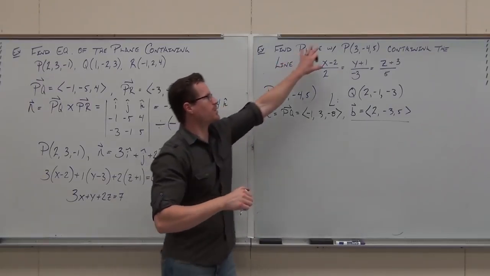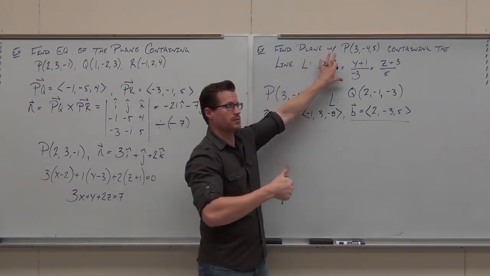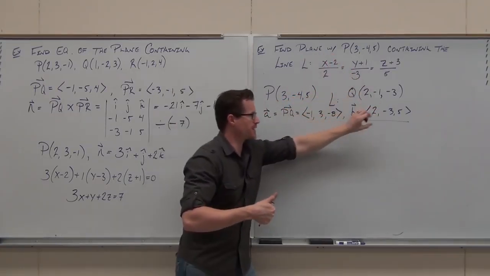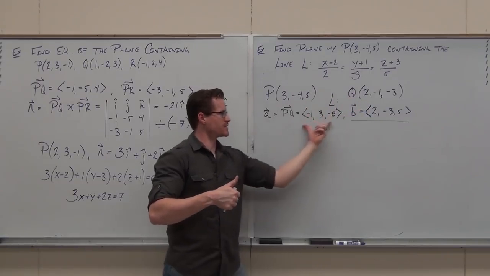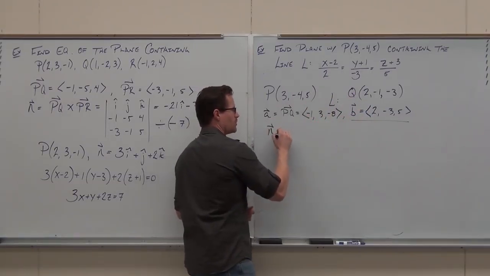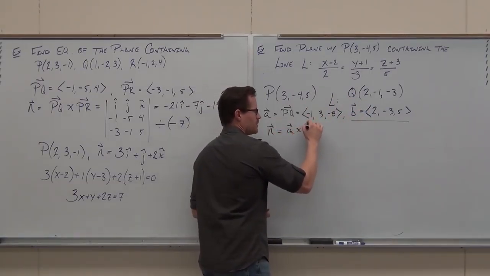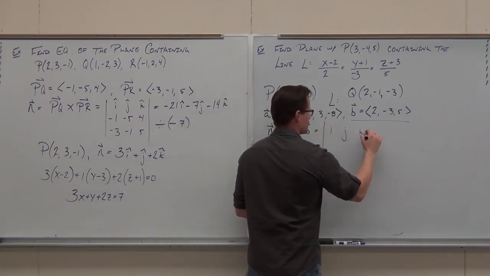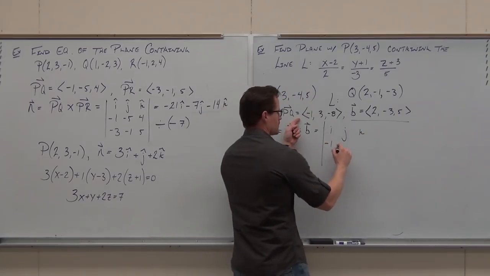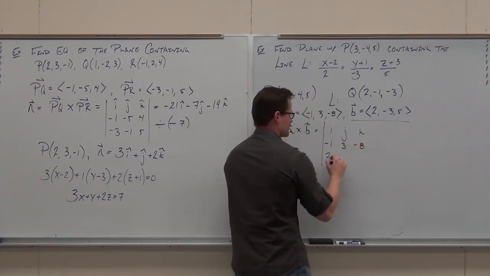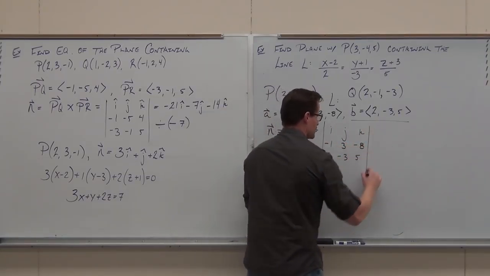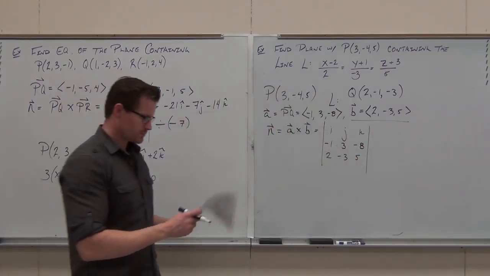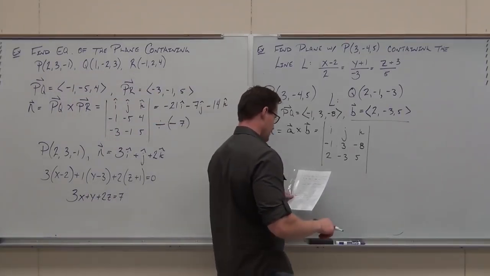Okay, so point in the plane, yep, check. Line in the plane, okay, that has a point, that has a vector. So I've got a vector, I've got another vector, that's 2 vectors. Let's let our normal be the cross product of the vectors. Oh, nastiness.